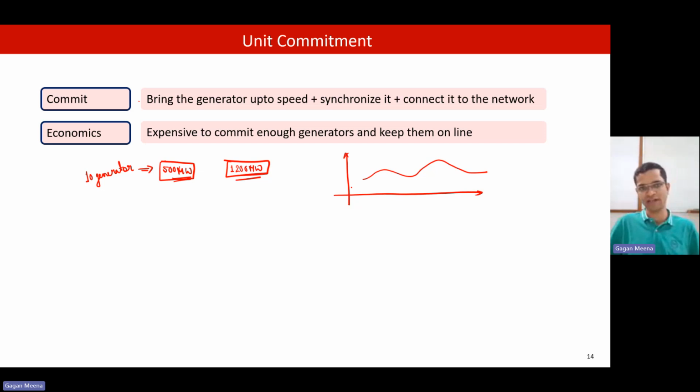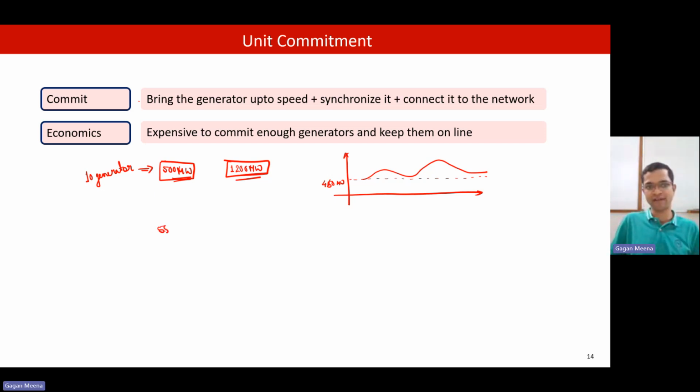Let us say that this is the load profile and this minimum value is 450 megawatts, which is less than the minimum. That means the generators can satisfy the demand, even if all 10 generators are on.